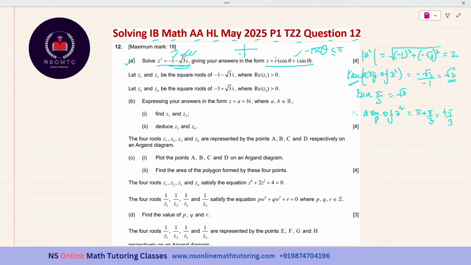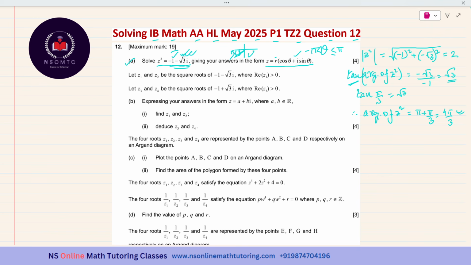The third and the fourth quadrant angles are expressed as negative angles. So this is a pi over 3, 60 degree angle, and we have to express this 4 pi over 3 as a negative angle. What negative angle can we write in place of 4 pi over 3?